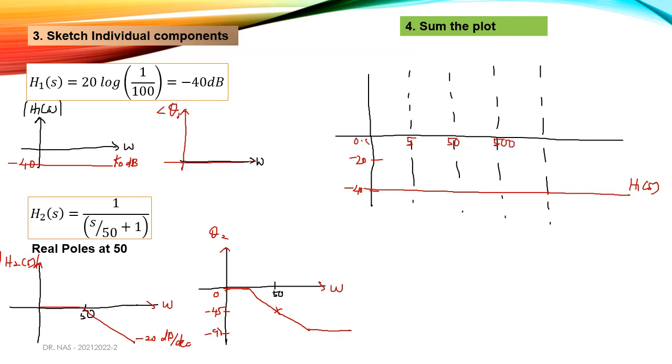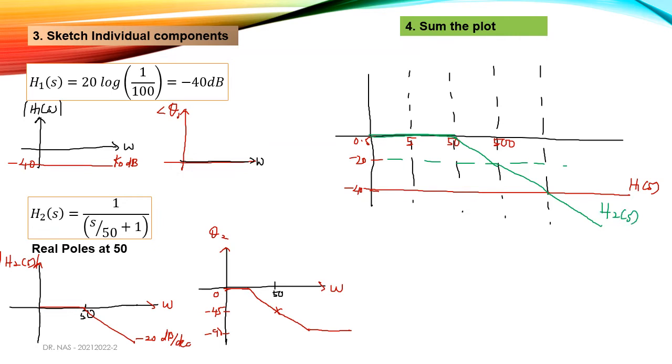Here is 0.5. It's 0 until 50, and then decreases by 20 dB per decade. So 20 dB for the first decade, second one, and so on. This is your H2(s) line.